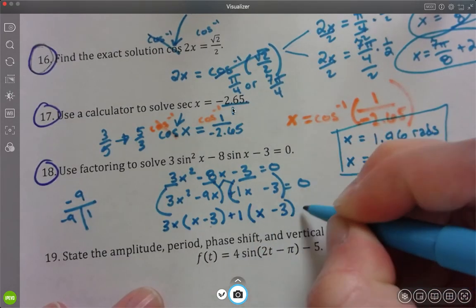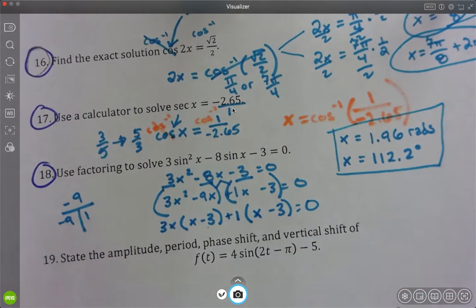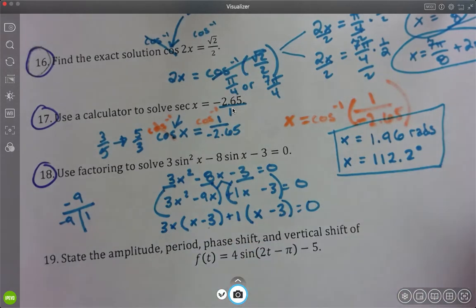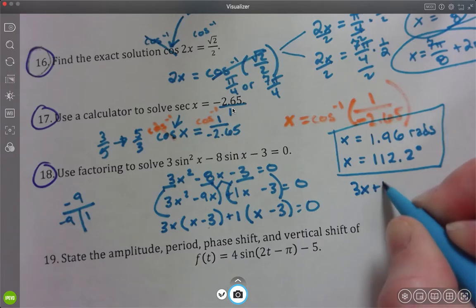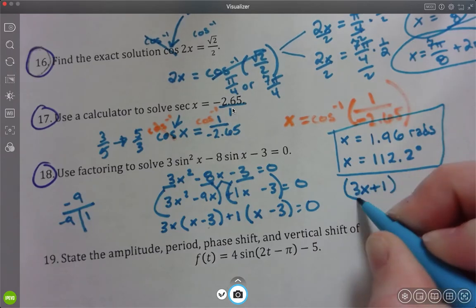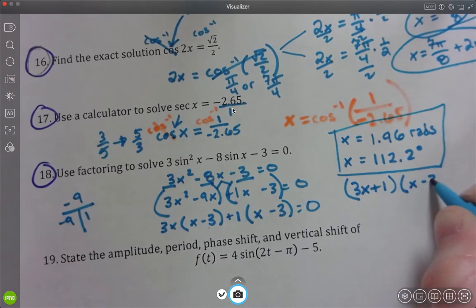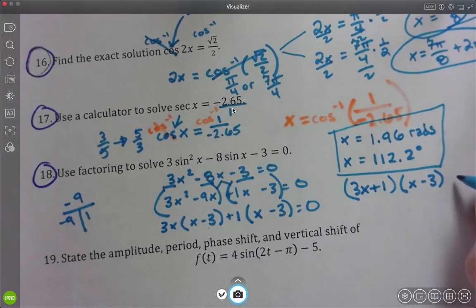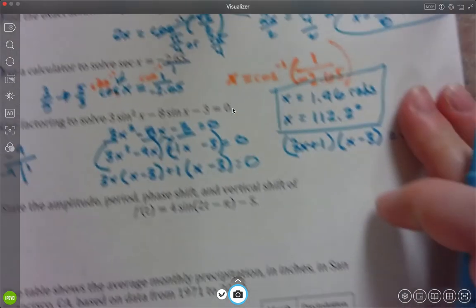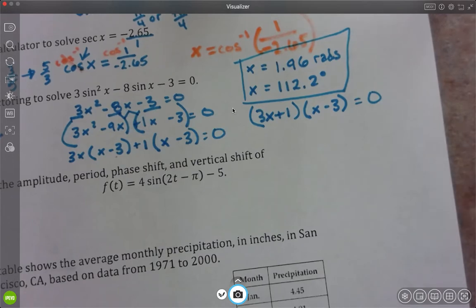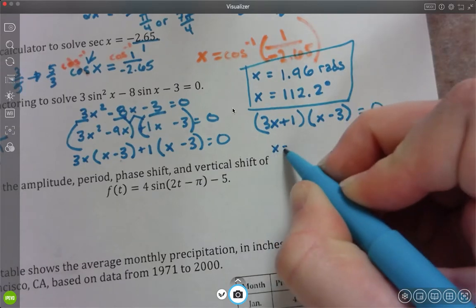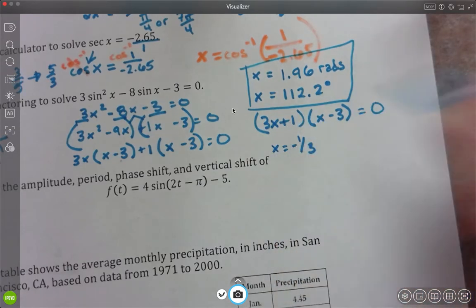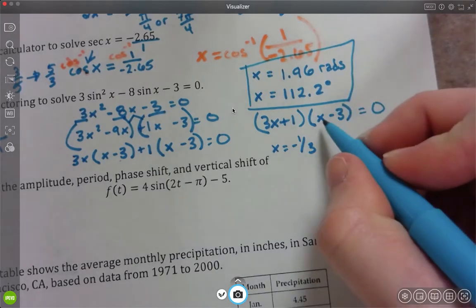So here I have 3x plus 1 as one of my groupings, and x minus 3 as my other grouping, and setting those equal to 0. If I set this equal to 0, x equals negative 1/3, because I'll subtract the 1 and divide by 3. And this one, x will be equal to 3.